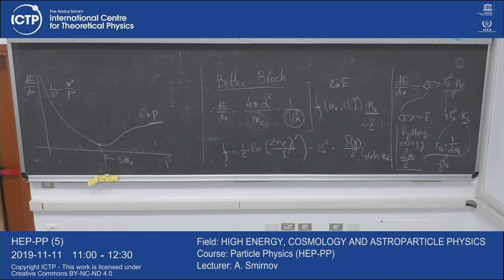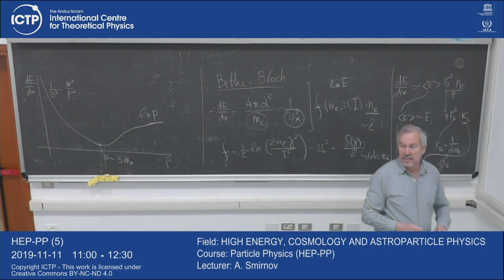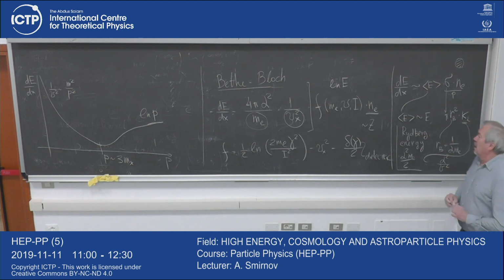Now coming back to your question. Here it is like 1 over v: the smaller the velocity, the bigger the loss. And is the electric screening, what does it depend on? It depends on gamma, okay. Does it become relevant in some part of the plot? This is a good question.